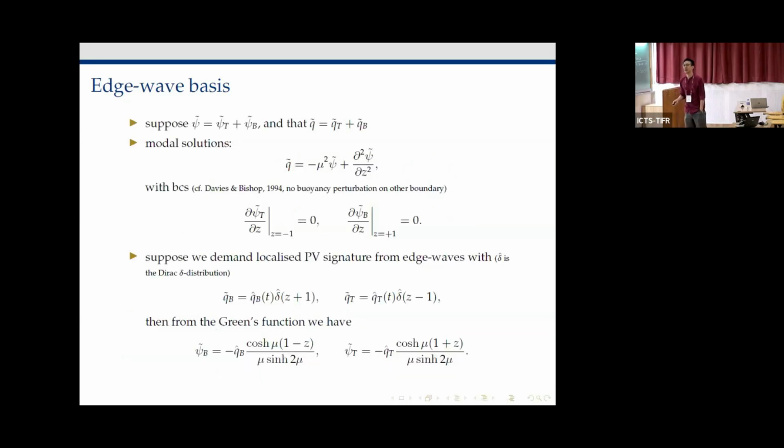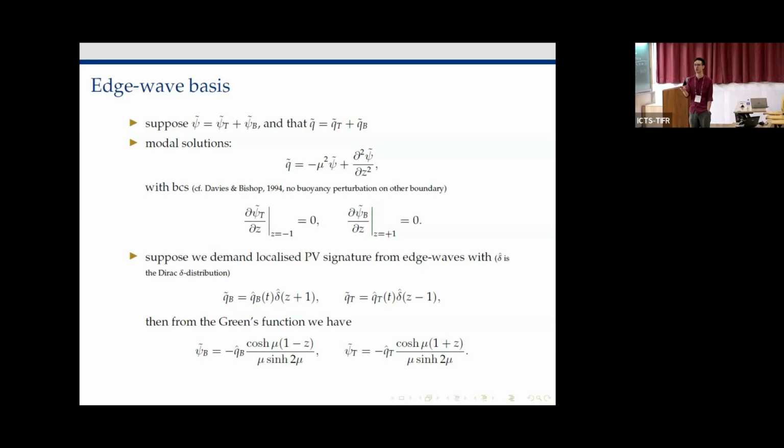All right. So the way you would do this is that suppose you have a linear combination of the two in the stream function. Then because your potential vorticity and your stream function are related by a linear operator, at least in the modal regime, you have an analogous PV top and PV bottom. So I'm going to start with this guy. These things are related by a second order differential operator. It's a Helmholtz operator with some boundary conditions.